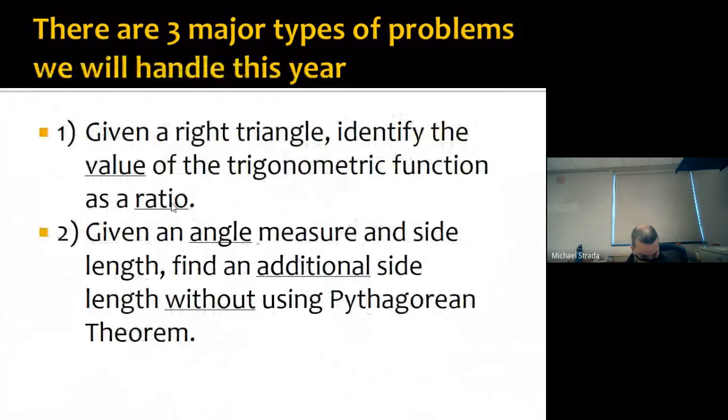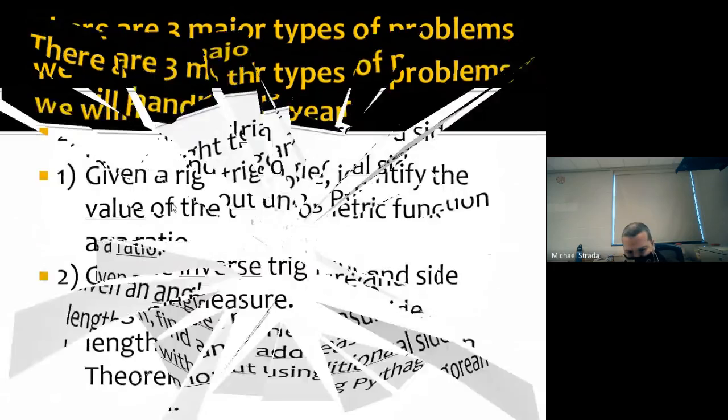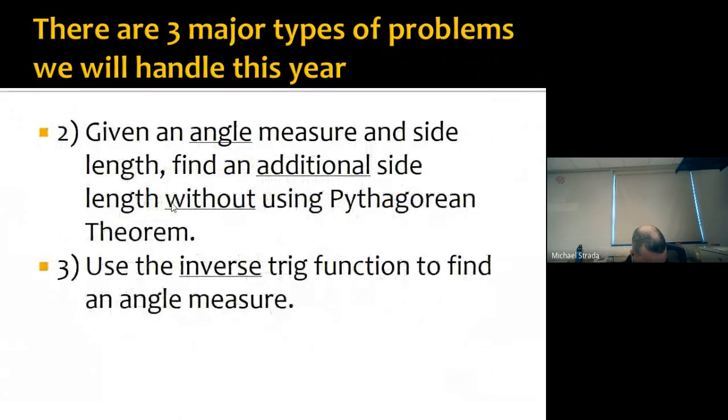Given an angle measure and side length, find an additional side length without using Pythagorean theorem. And then number 3, use the inverse trig function to find an angle measure.